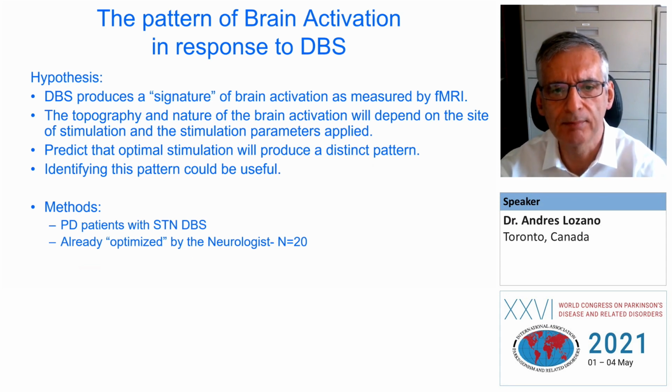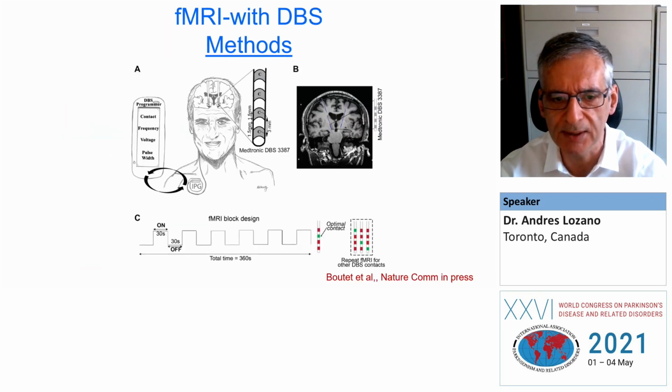This is done by placing the patients in the fMRI unit and then going contact by contact, looking at what pattern of brain activation is achieved when we move from one contact to the other. We start with the first optimal contact, seen here in green at the bottom, and do a block design of 30 seconds on and off, acquiring fMRI signals during this block design.